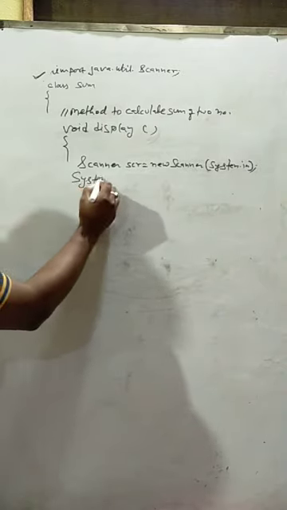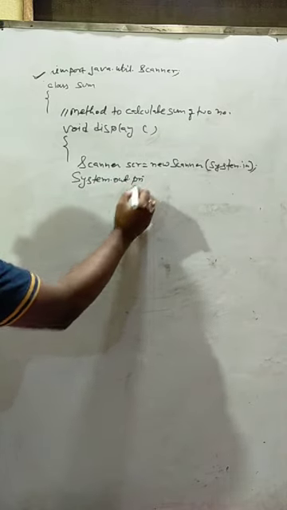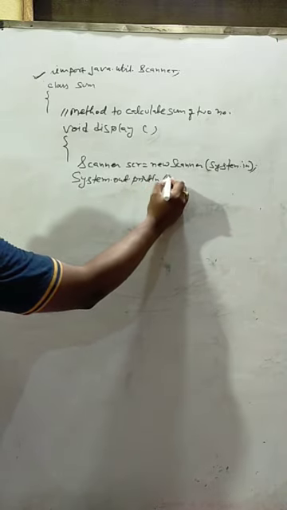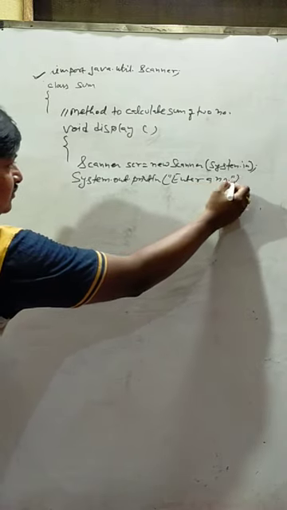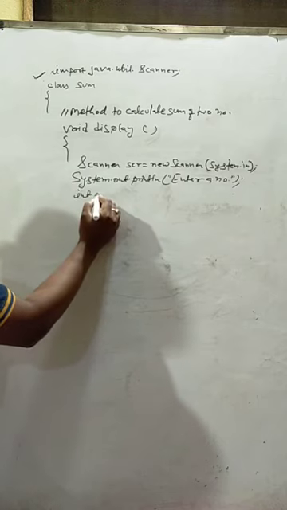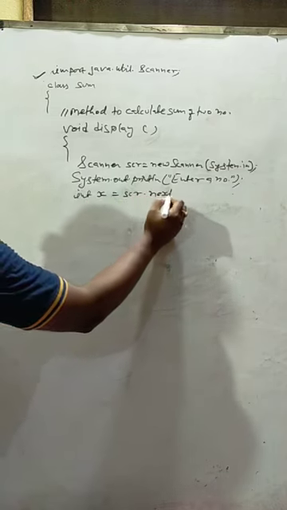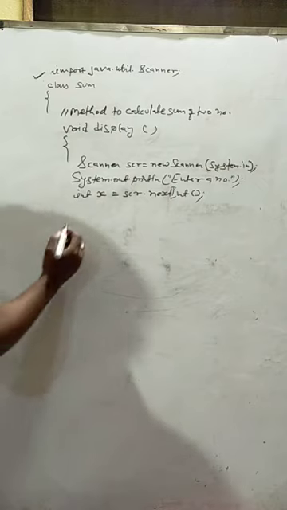Now give a prompt to the user so that the user can clearly understand what they have to enter. println, enter a number. That number 1 is entered in x equal to scr.nextInt, because this time we are entering an integer value.